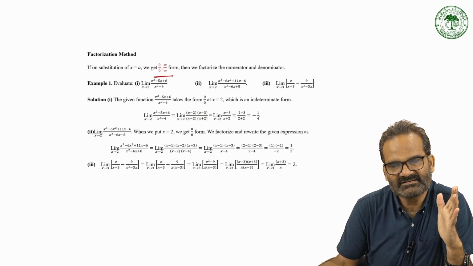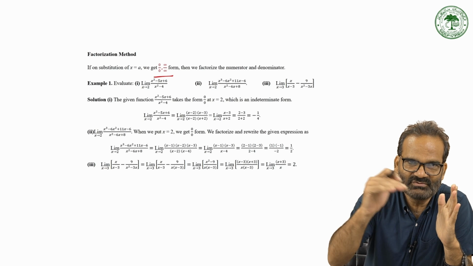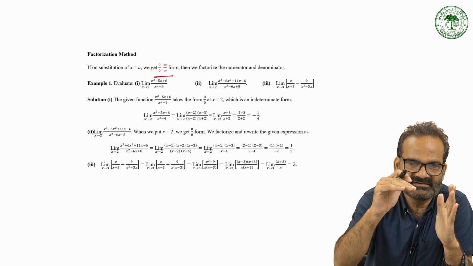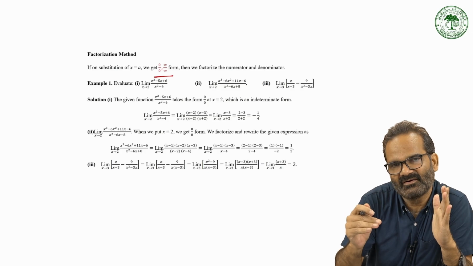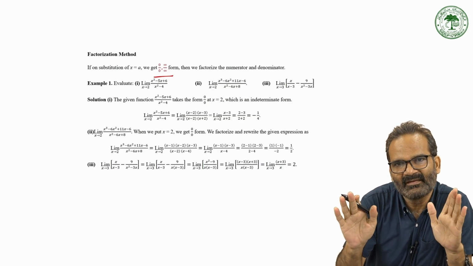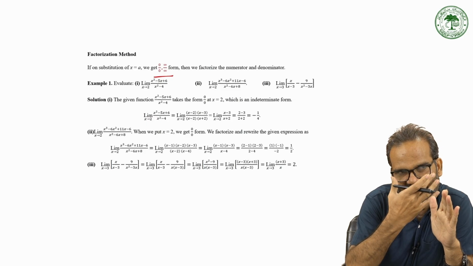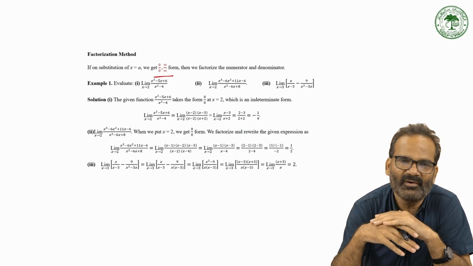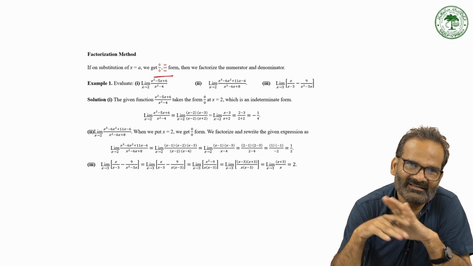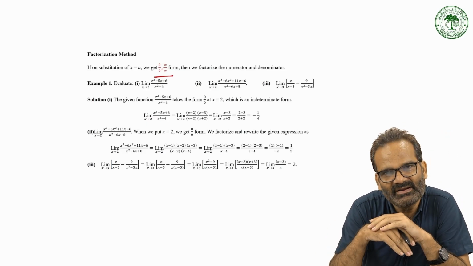Whatever function is given to you, f(x) upon g(x), first use the method of direct substitution and simplify it. If you are getting a finite number, that is the limit of the given function. Anyhow, after putting the value of x in the given function, if you are getting either 0 upon 0 or infinity upon infinity, then method 1 fails. Then the method of factorization comes into play.